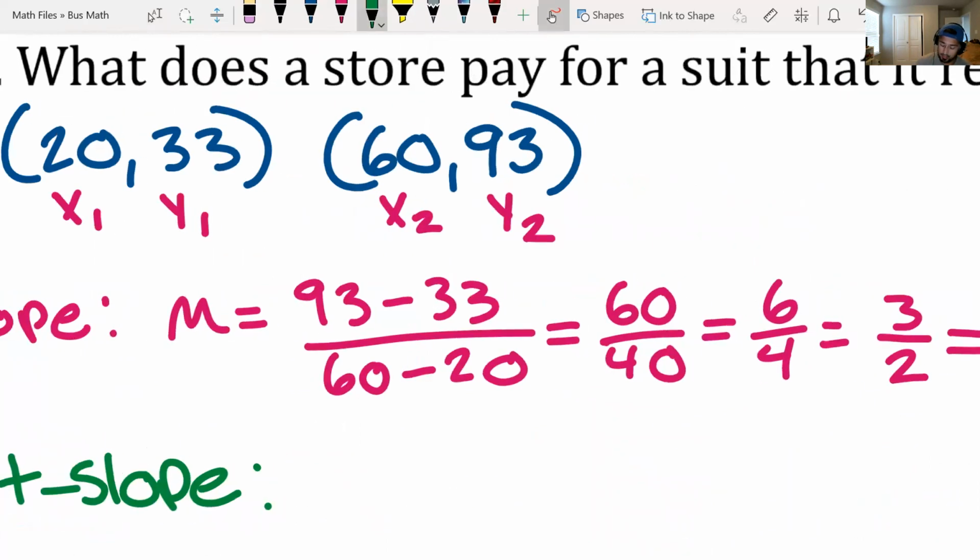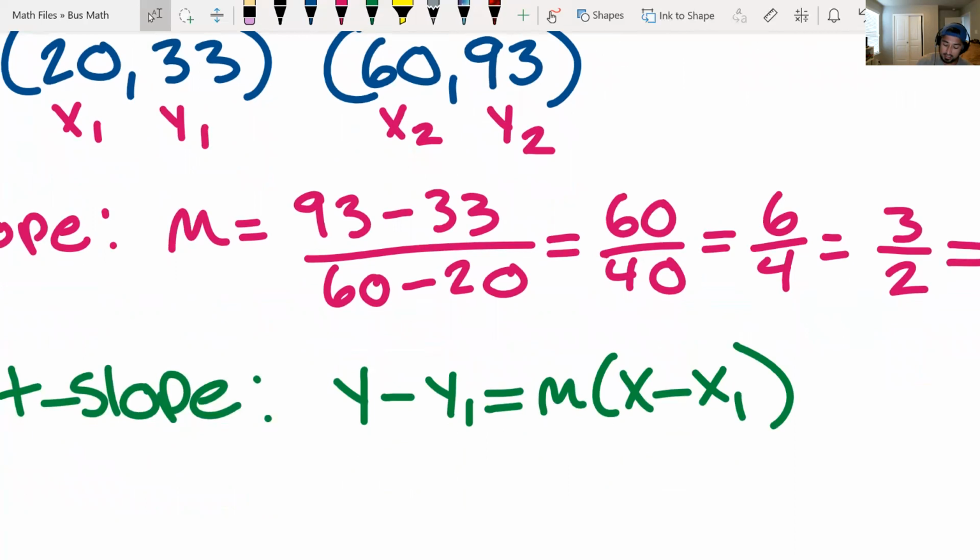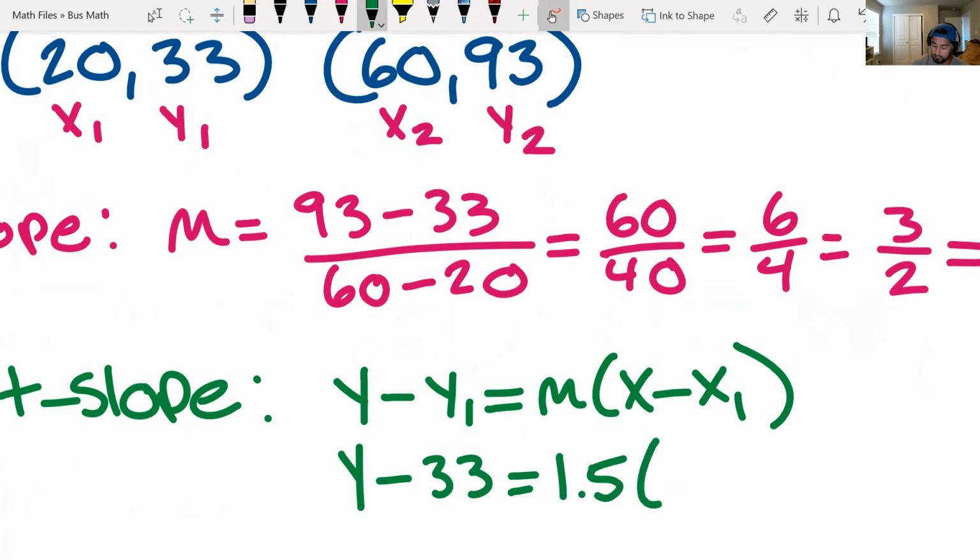All right, and you have y minus y1 equal to m times x minus x1. And it's a good thing everything's labeled, because now we'll have y minus 33 equal to my slope of 1.5 times x minus x1, which is 20.